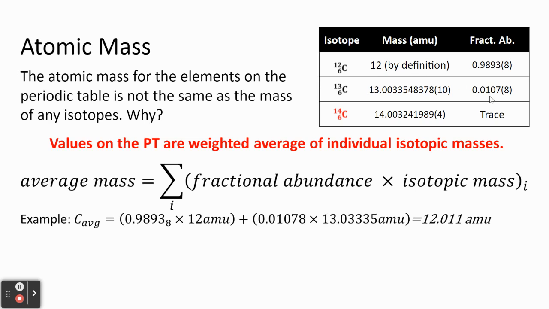And then we take carbon 13, we take the fraction abundance, multiply it by the mass in AMUs, and then we wouldn't even include carbon 14 because it's in such a small amount, it's not even registering as a fraction abundance. So we take the fraction abundance, we'd multiply it by the isotopic mass, we'd add those up for all of the isotopes, and that would give us our weighted average in AMUs. This number matches up with what's on the periodic table.